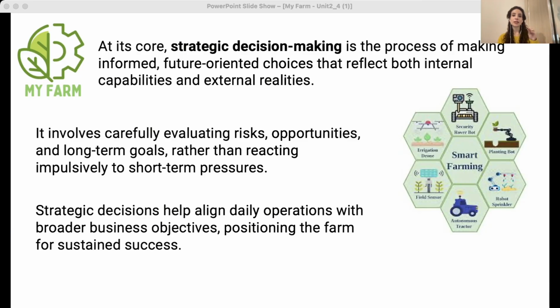Rather than reacting to short-term pressures or unexpected events, strategic decision-making involves carefully weighing risks, identifying opportunities, and keeping long-term goals in focus. When done well, these decisions connect everyday farm operations to broader business objectives, helping position the enterprise for sustained success over time.